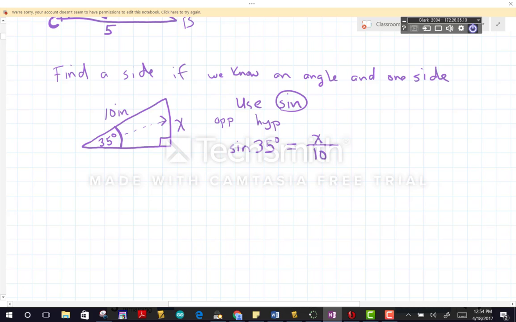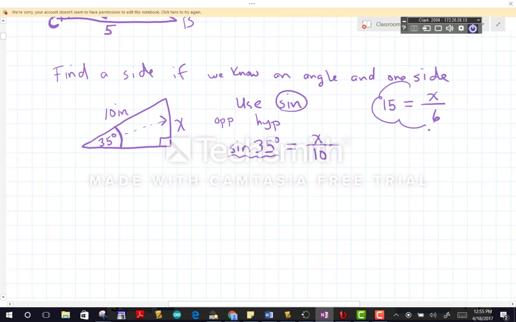10. Okay? This left side of the equation, this sine of 35 degrees, that's just a number. It's just a number. So our equation is saying, look, we've got some number that's equal to x divided by some number. If this was my equation, how would I get x by itself?